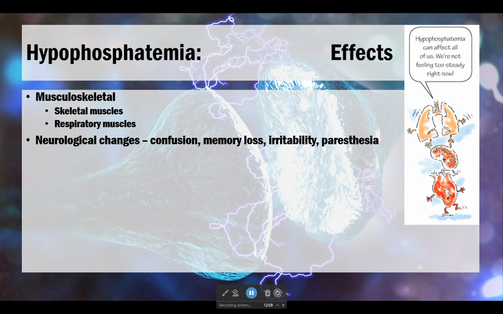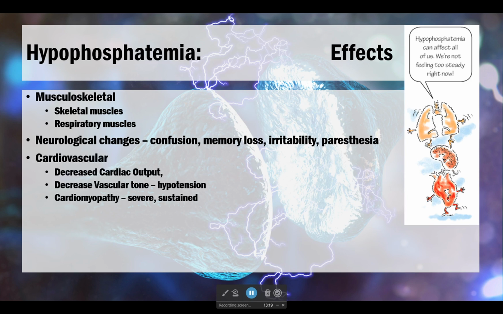These are the kinds of things you tune into, because remember, those muscle cells need ATP in order to contract, and we still need our respiratory muscles. Even if we've got other problems going on, we need our respiratory muscles to be nice and strong so that we can breathe well.